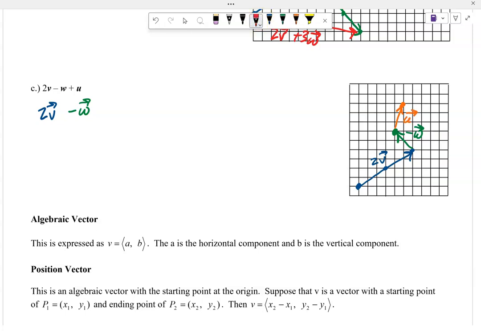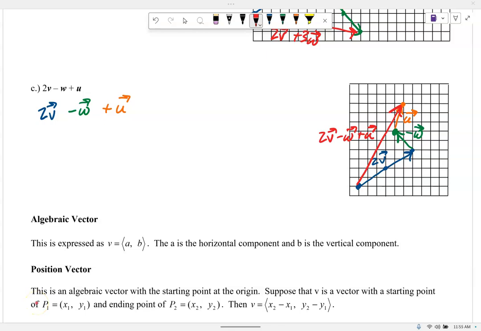So the resultant vector started here, ended there. So I want to draw it from there to there. Red. That's 2v minus w plus u. Okay.